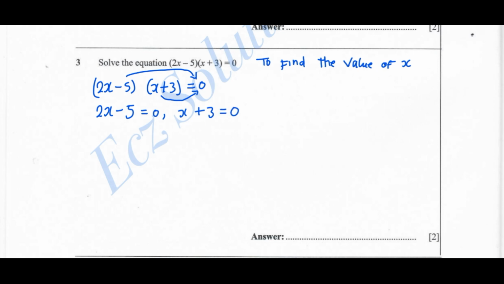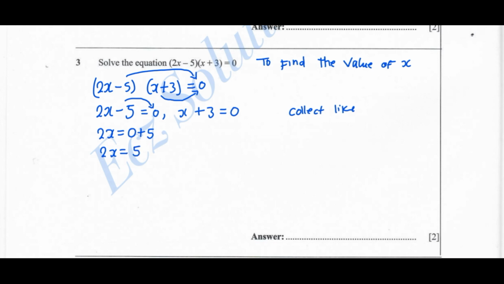Then here, what are we going to do? We collect the like terms, or we just have to make sure that every term without x must shift to the right side. So this negative 5 will go to this side, giving us 2x is equal to 0 plus 5. Then if we add 0 plus 5, we'll get 5.